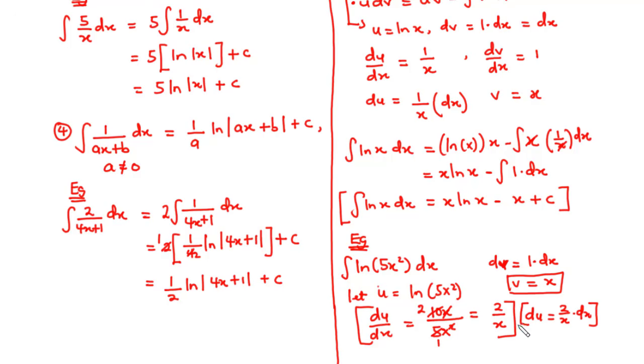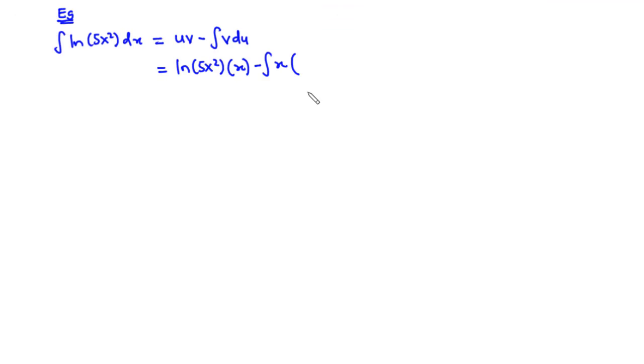That is very simple. So we have 2 over x times dx. Now let's simplify. So we have x times ln of 5x squared minus, x cancels out x.